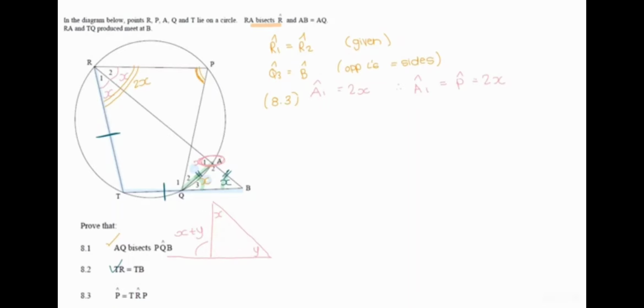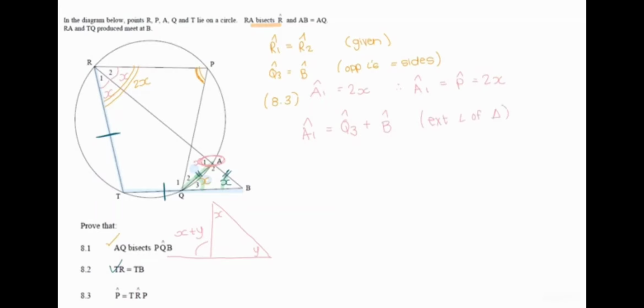So if we look at our triangle, we're going to be here, we're going to hop inside and then go to the opposite two angles. So we know that angle A1 is equal to angle Q3 plus angle B. And our reasoning for this is exterior angle of a triangle.